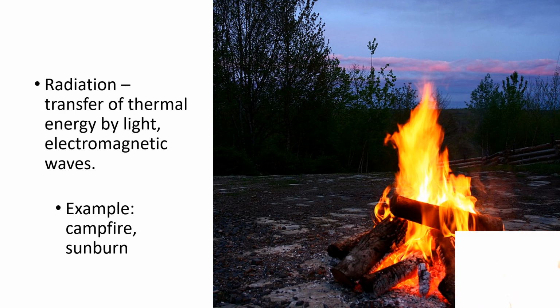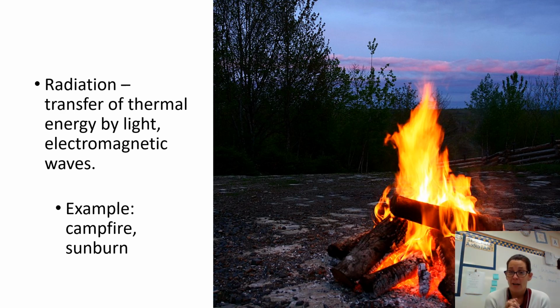Oh, my lights just went off. Come on, guys. Okay. Campfire, when it's cold outside, I love to stand around a campfire whenever we go camping, and I sit there and I hold my hands out. Now, I'm not about to get my hands close enough to the fire to get burned, so I'm not touching it, but I'm standing close enough where I can feel the heat from it. And if I'm not touching it, but I can still feel the heat, that is radiation.